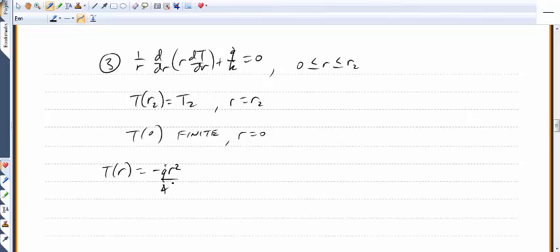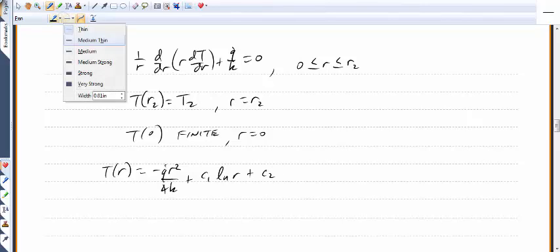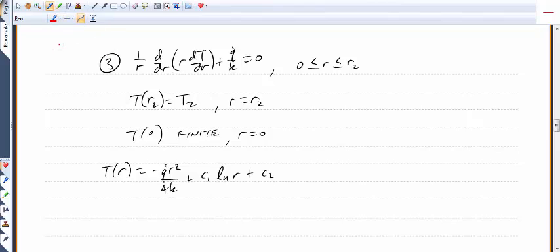It's minus q dot r squared over 4k plus c1 times natural log of r plus c2. And we can examine what happens at r equals 0: this natural log of r would go to negative infinity, which is of course not a finite number. Therefore, this whole term must go away.